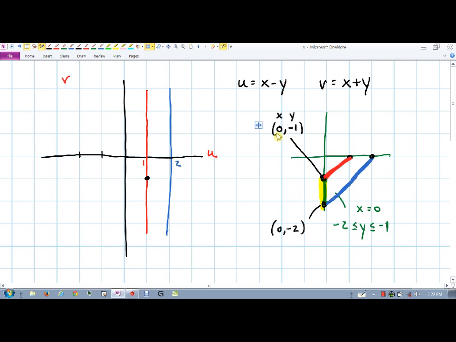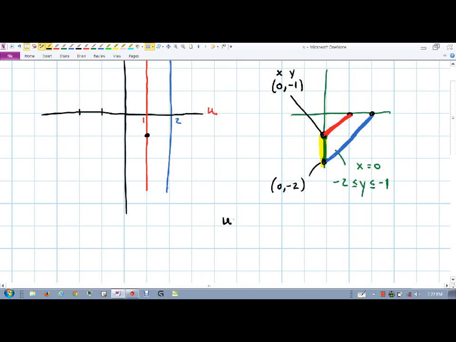If I plug in 0, -1, U will be equal to x minus y, which is 1. My V, which is x plus y, will be 0 plus -1, which is -1. So that gives me that point right there.